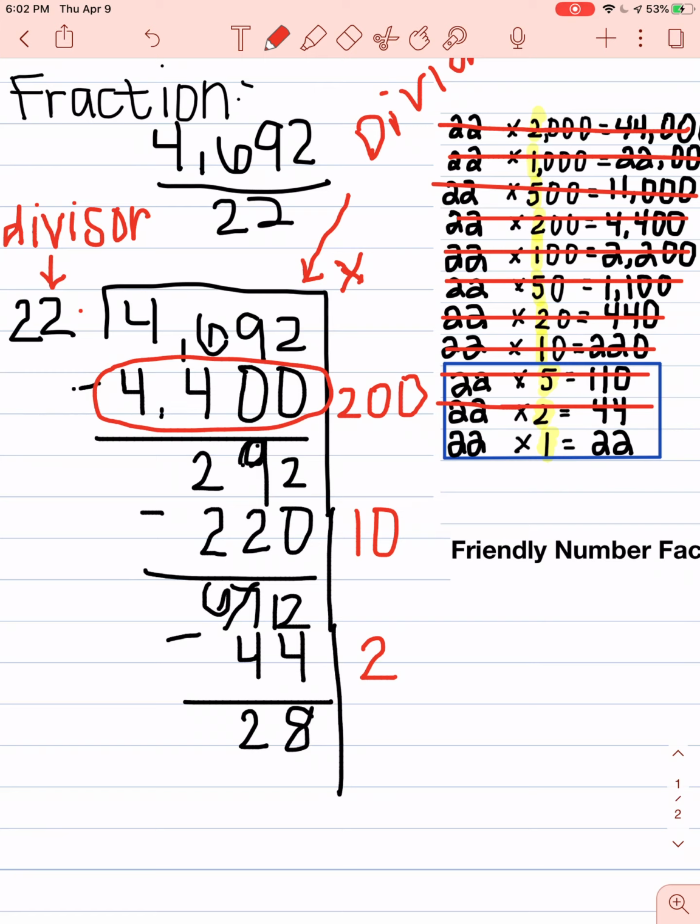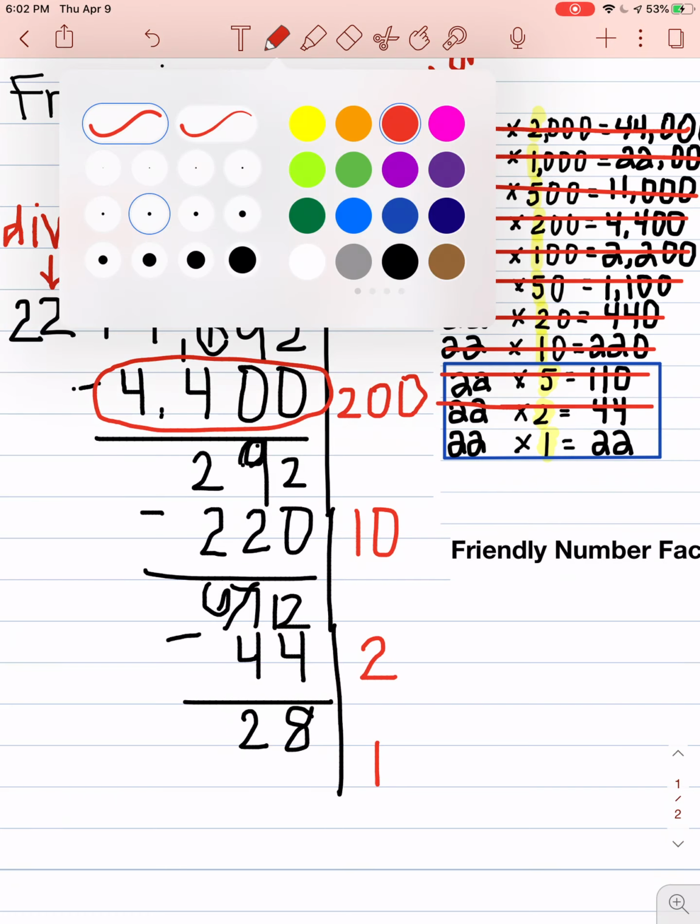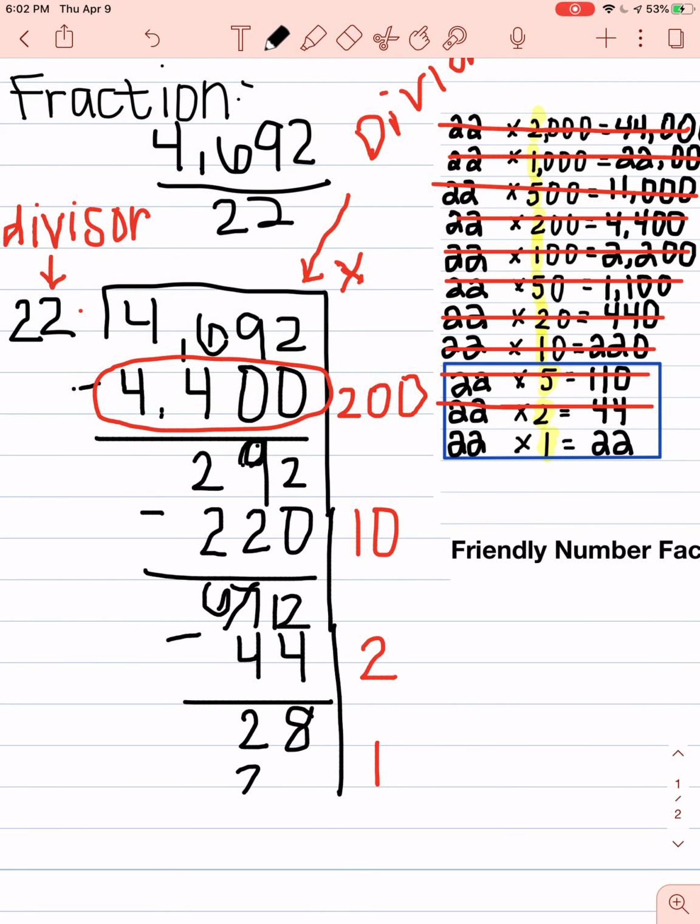What about 22? Can I subtract 22? Yes, I can. So then 22 times 1 equals 22. So 8 minus 2 is 6, and then 2 minus 2 is 0. So I don't have to put anything there. Can I subtract 20?